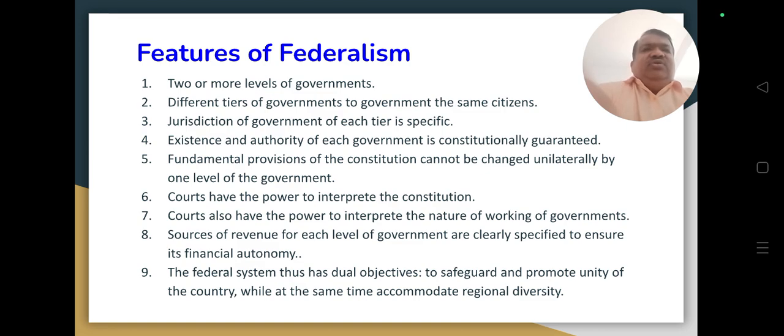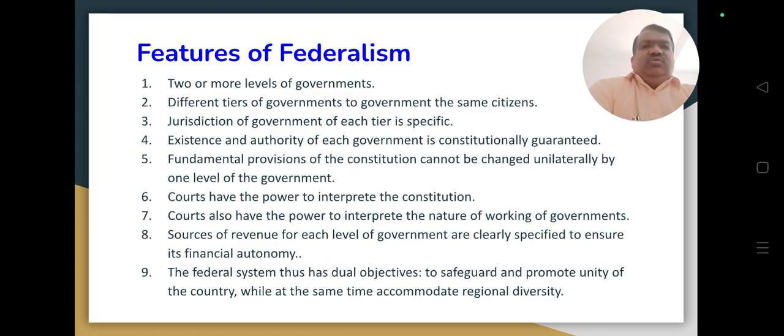The jurisdiction of government at each level is very specific. The existence and authority of each government is constitutionally guaranteed. All these specifications are guaranteed by the constitution. At the time of implementation of the constitution, it is included there by the framers, and the fundamental provisions of the constitution cannot be changed unilaterally by one level of the government.